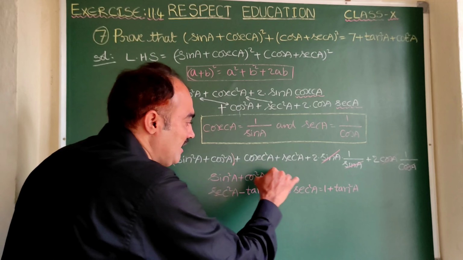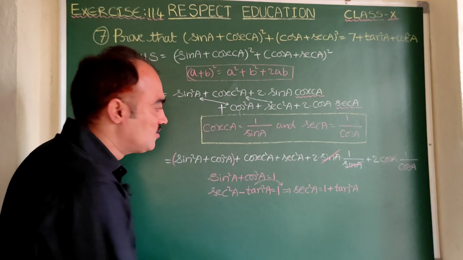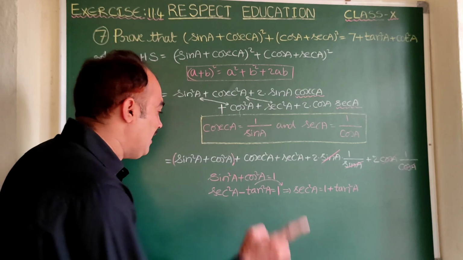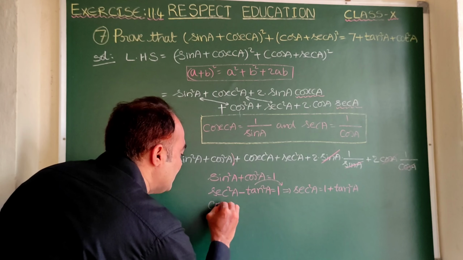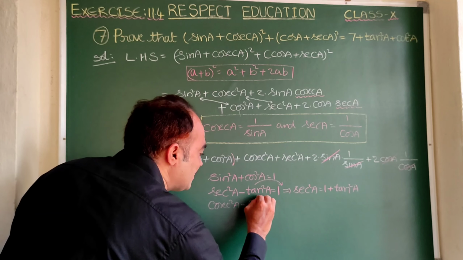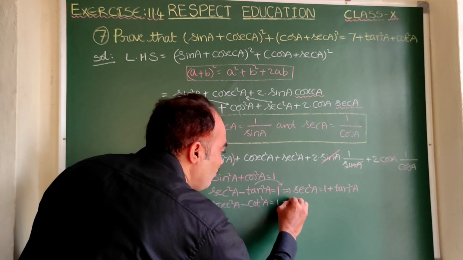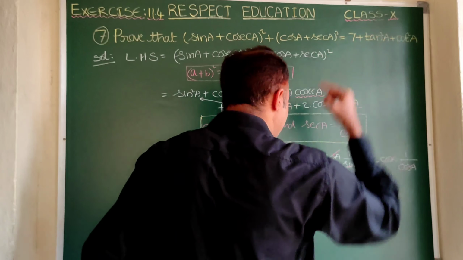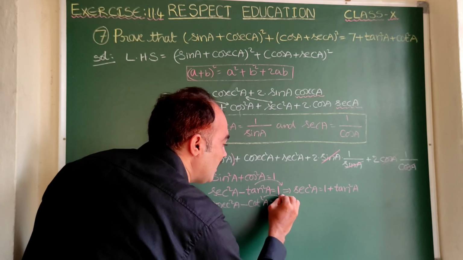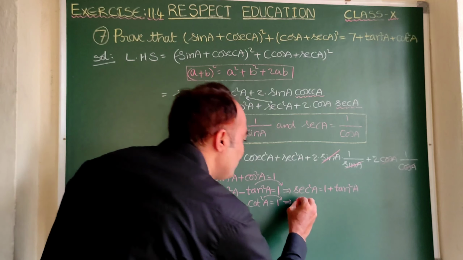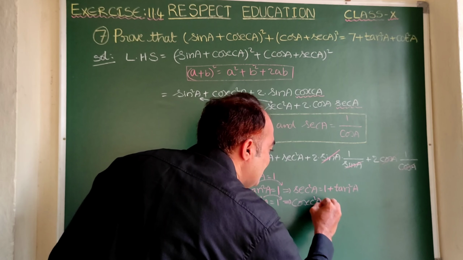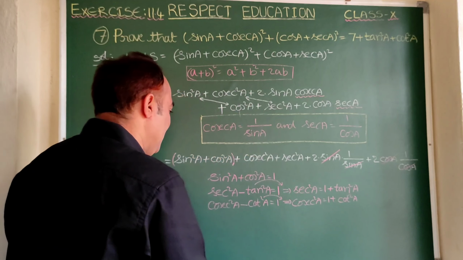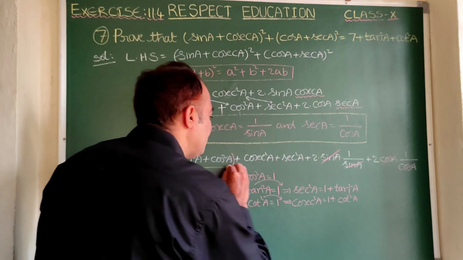This minus tan square A, when sent that side, becomes 1 plus tan square A. So in place of secant square A, we are going to write 1 plus tan square A. And one more trigonometric identity is cosecant square A minus cot square A is equal to 1. Here we have cosecant square A, but we need it in terms of cot square A. So let us send cot square A to the right side. Then cosecant square A is equal to 1 plus cot square A. Now let us substitute all the formulas.